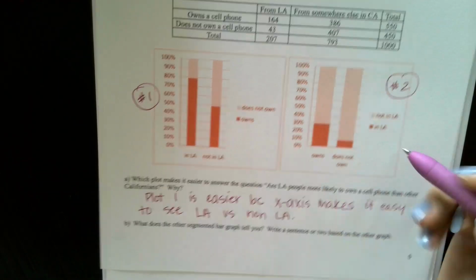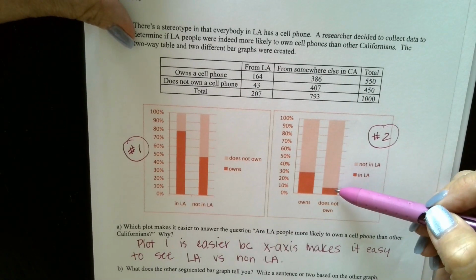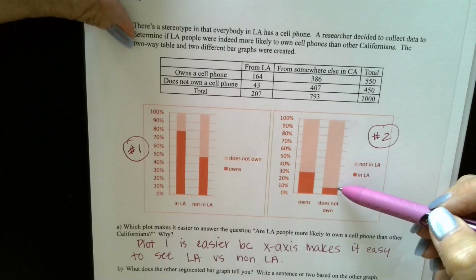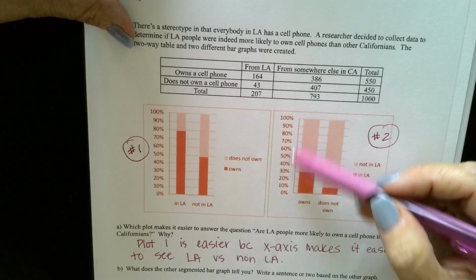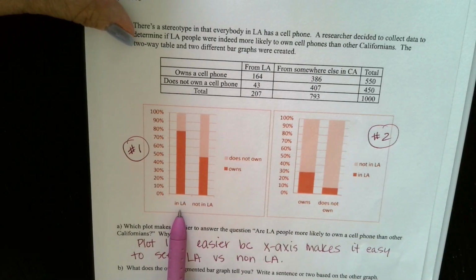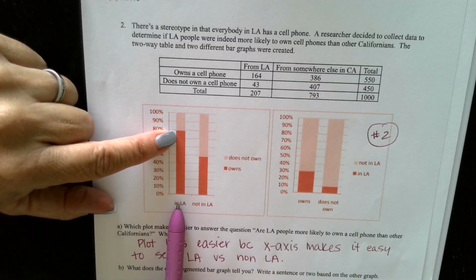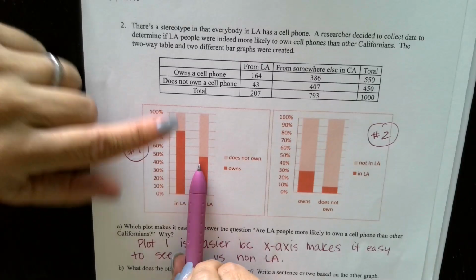Now, I can still see LA and non-LA in plot 2. I can also see percentages, I can pull my percentages off of this because I can see its relative frequency, but this just makes it super easy, right? So what we see here is that LA people are more likely to own a cell phone than other Californians. So people in LA were at almost 80% versus people who are not in LA.